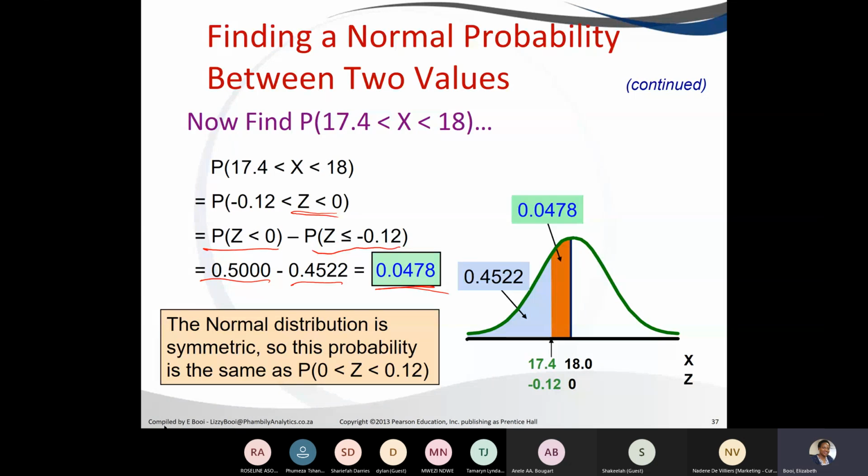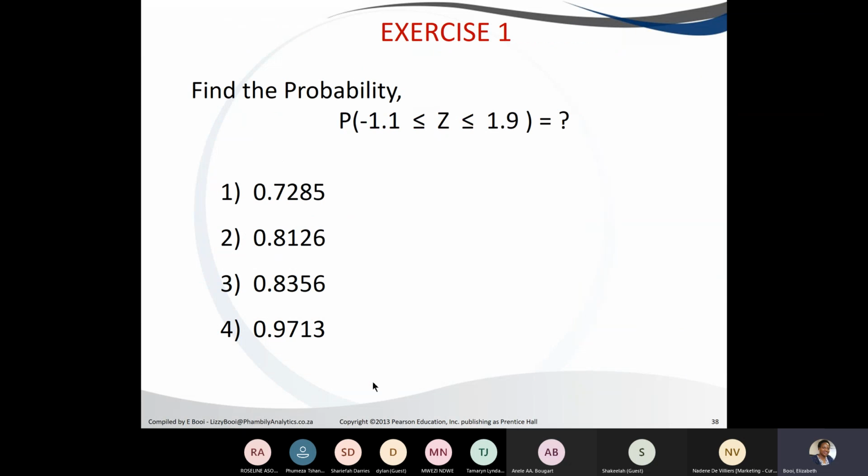If there are no questions, I am going to give you an exercise to do. Here they also calculated the Z values, so you don't have to calculate them. You just use the values you see.